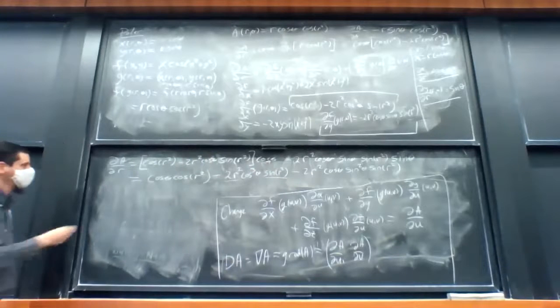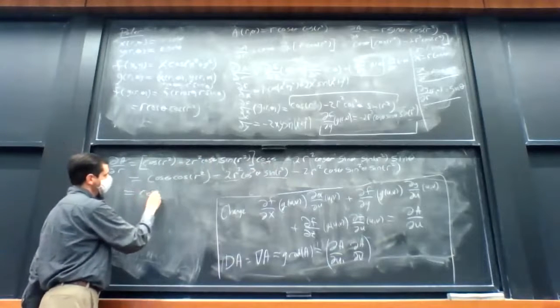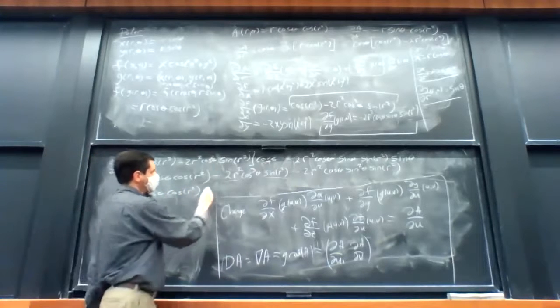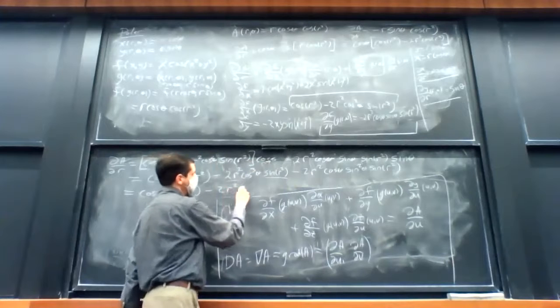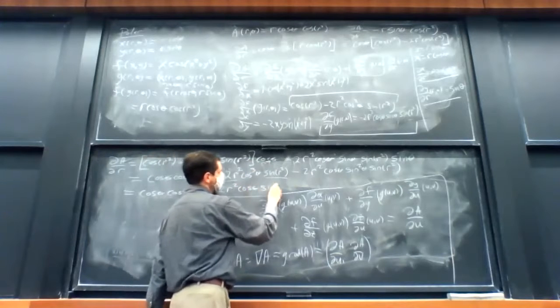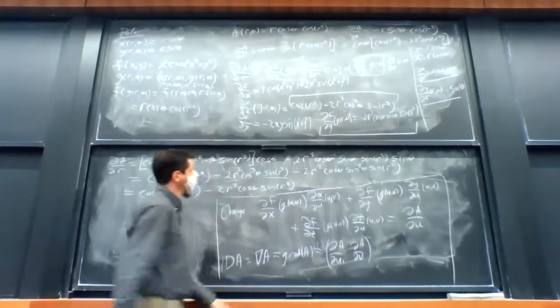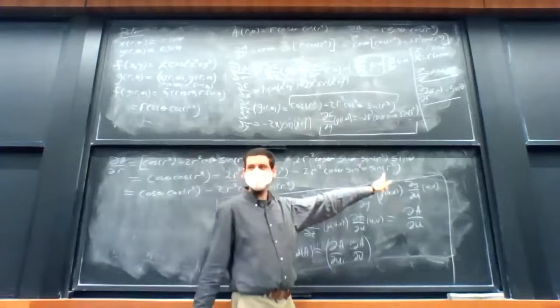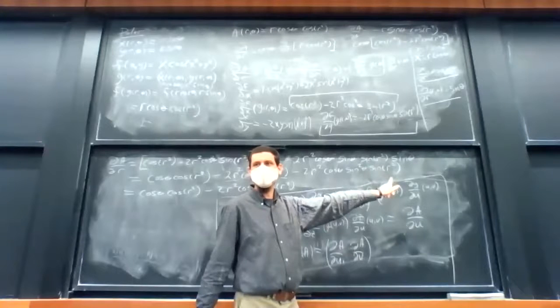They both have a cosine theta. So the first piece is just cosine theta cosine r squared. And then we can take out a minus 2r squared cosine theta sine of r squared. And we'll have a cosine squared, and we'll have a sine squared. What's cosine squared plus sine squared?